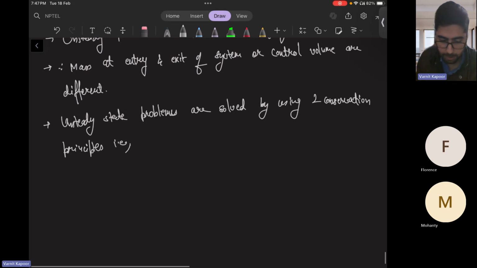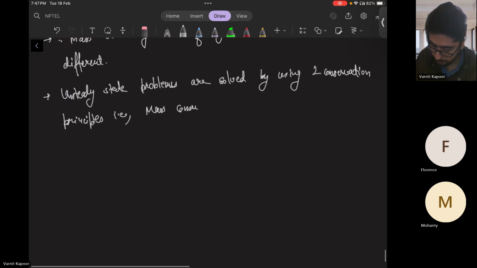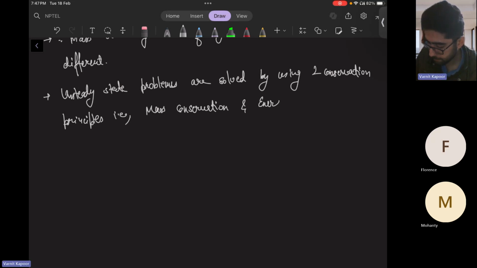That is mass conservation and energy conservation.